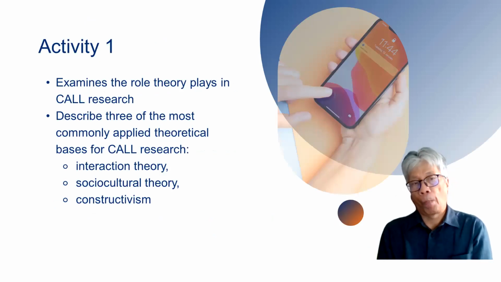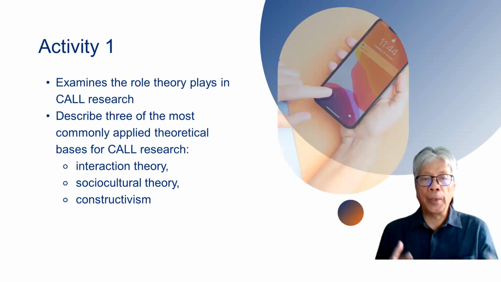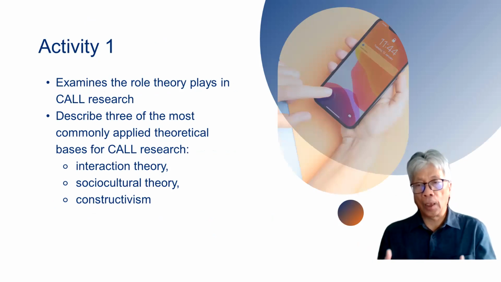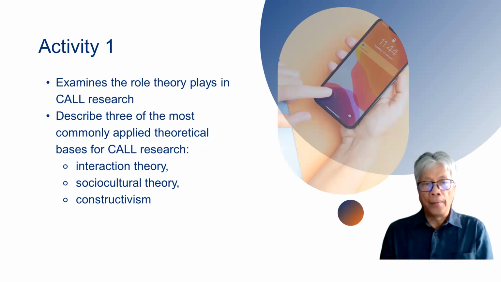Activity 1, you're going to examine the role of theory and research, even though that's still quite new compared to other subjects. Then we're going to describe the three most common applied theoretical bases that are suitable for CALL.